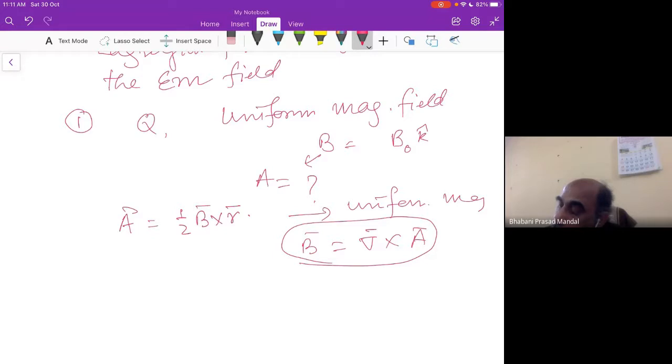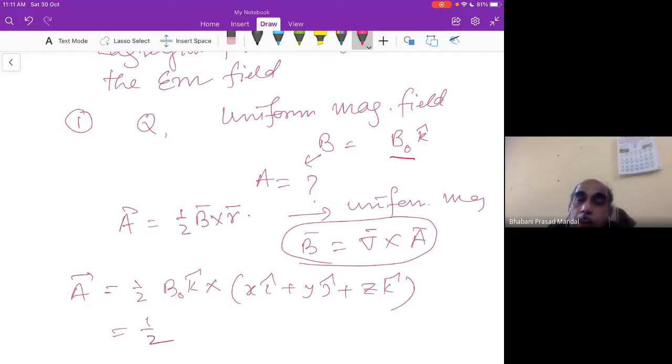So the vector A will be half, B is your B0 k, cross r, the position vector x i plus y j plus z k. So I have to calculate this. k cross i is j, so B0 x j, and then k cross j is minus i, so it will be minus half B0 y i, and k cross k will be 0.